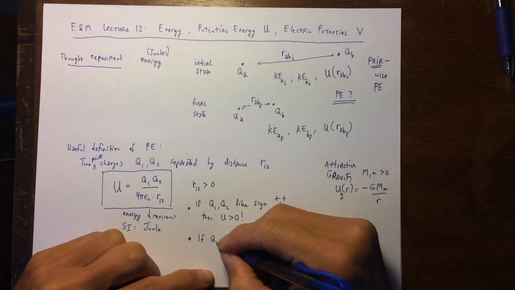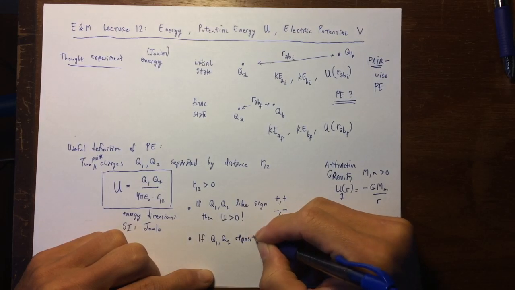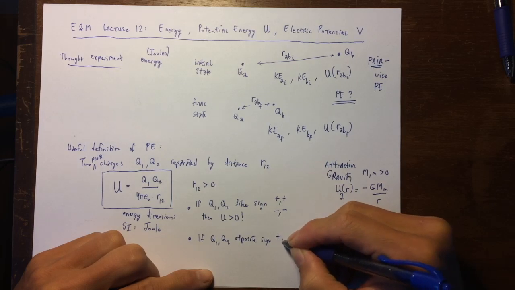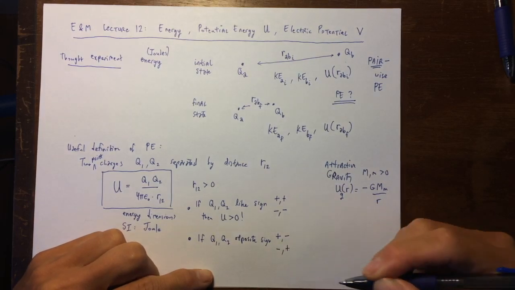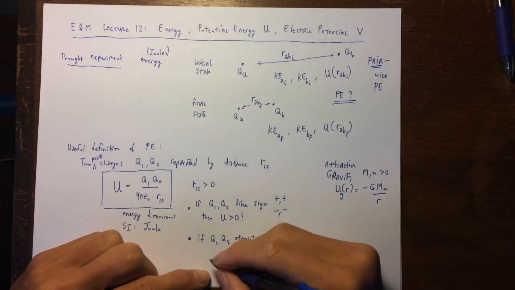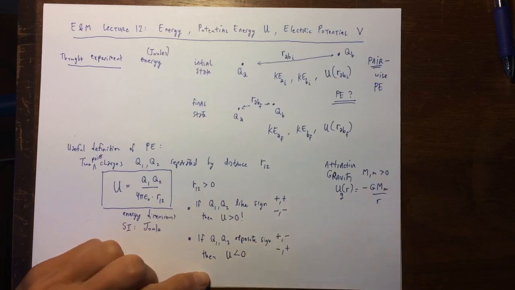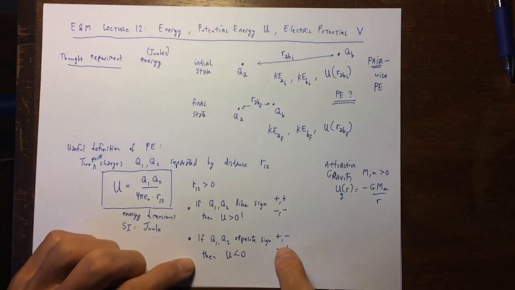If Q1 and Q2 are opposite sign, that means, say, Q1 is positive, Q2 is negative, or Q1 is negative and Q2 is positive, then the potential energy will be less than 0, right? This is the case, right? Plus and minus.